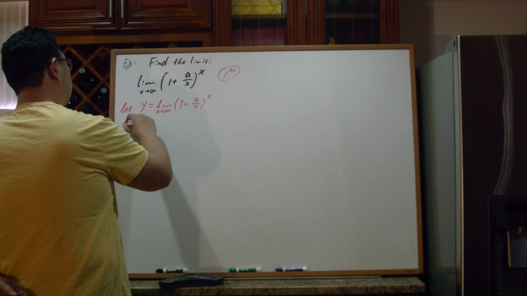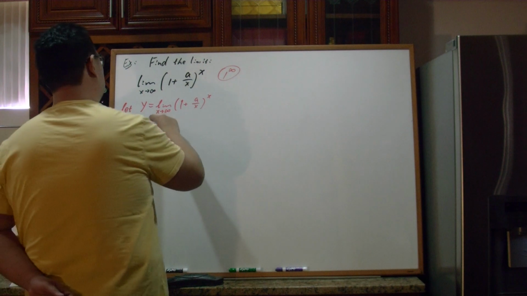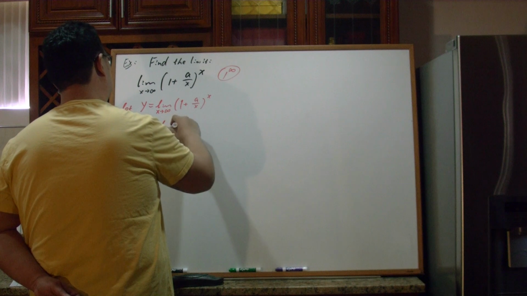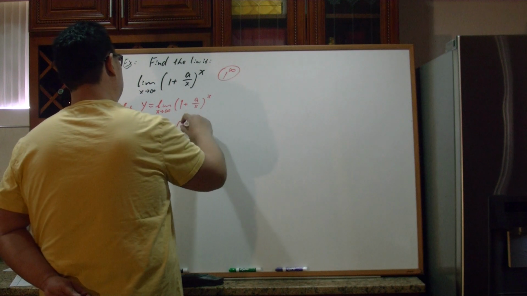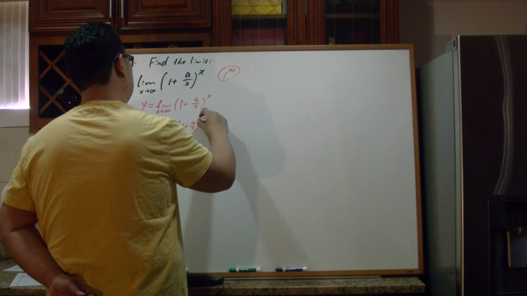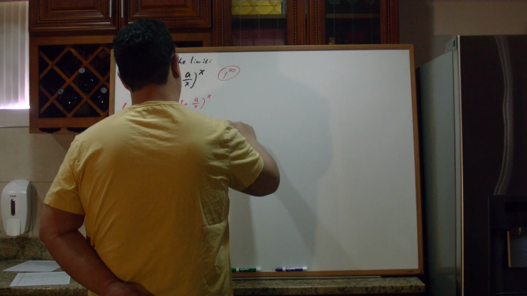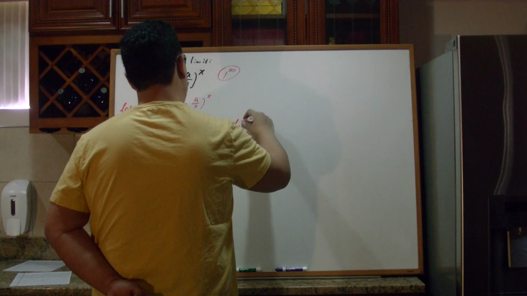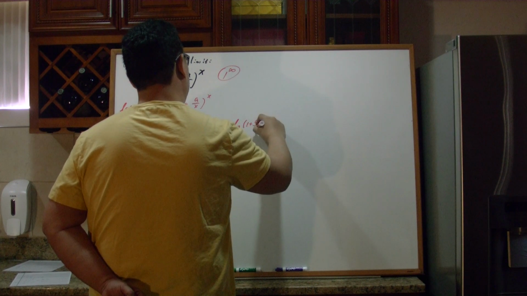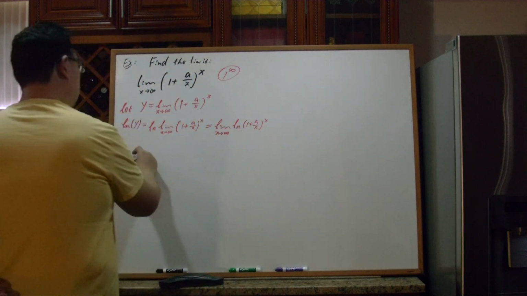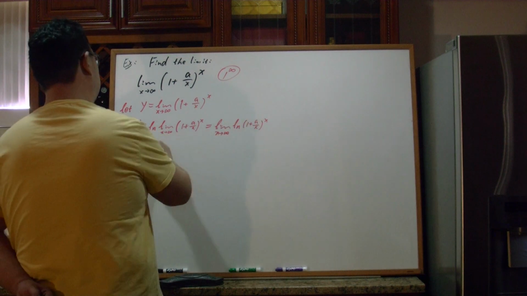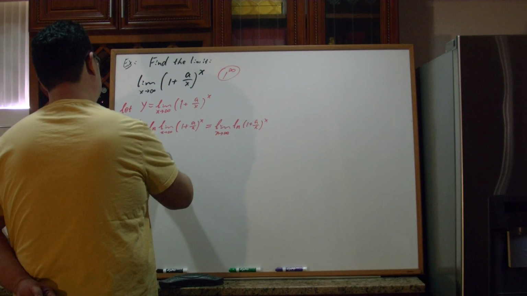Right, then the natural log of y will be the natural log of the limit, or could be the limit of the natural log. Right, that exponent could be taken to the front.